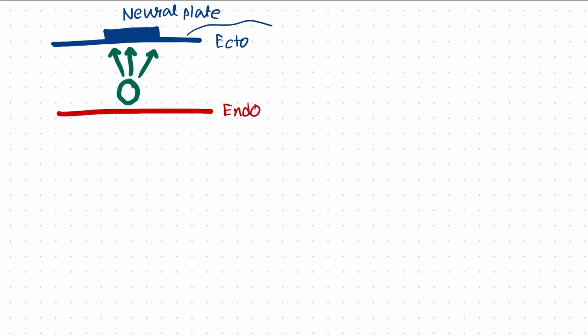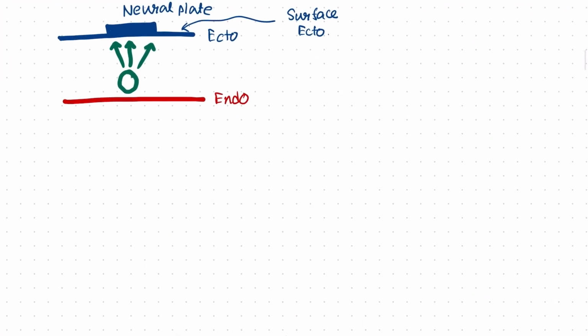The rest of the ectoderm is the surface ectoderm. Under the influence of notochordal stimulation, there is progressive invagination of the neural plate structure, and eventually it invaginates further and leads to neural groove formation.